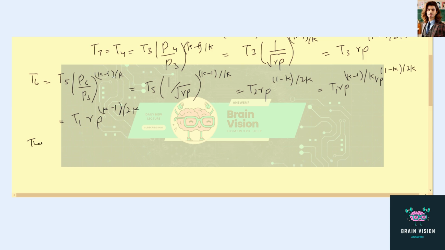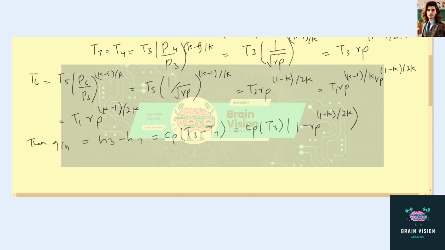Then our heat input Q in will become equal to H3 minus H7, which is equal to Cp into T3 minus T7, that is Cp T3 into 1 minus Rp power 1 minus K divided by 2K.